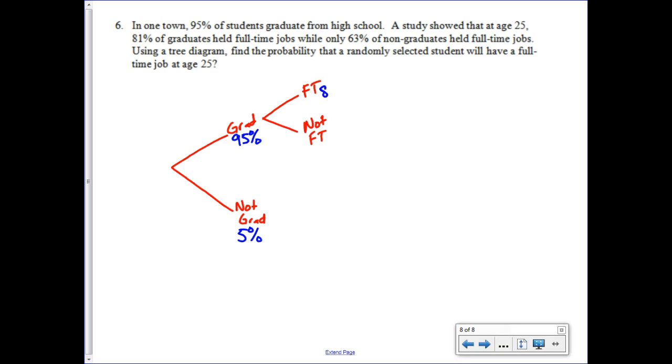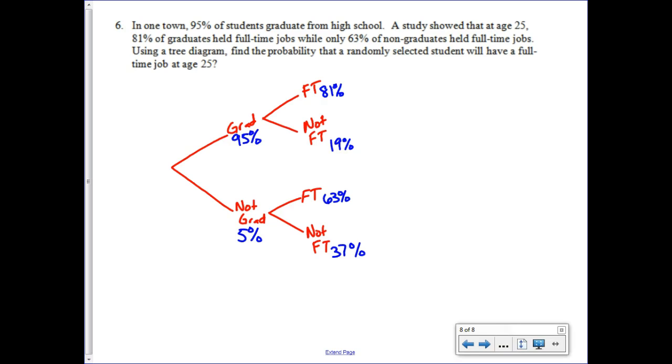So if 81% held a full-time job, that means 19% did not have a full-time job. And then of those that did not graduate, we have 63% that held a full-time job, which means that 37% did not have a full-time job.